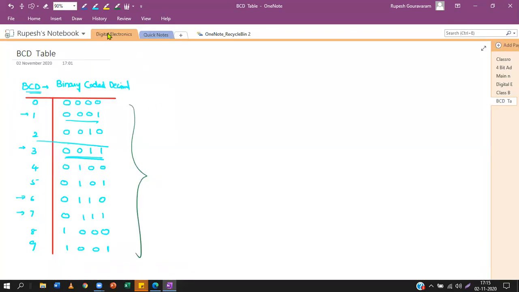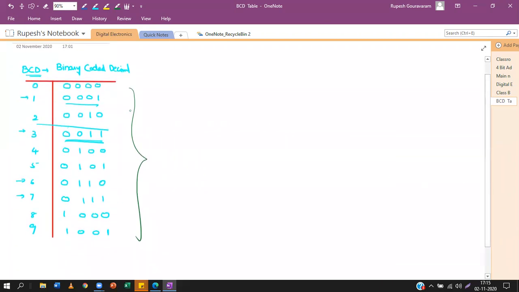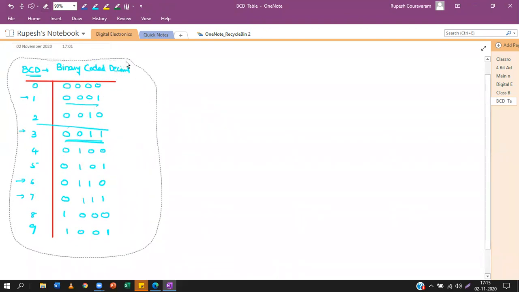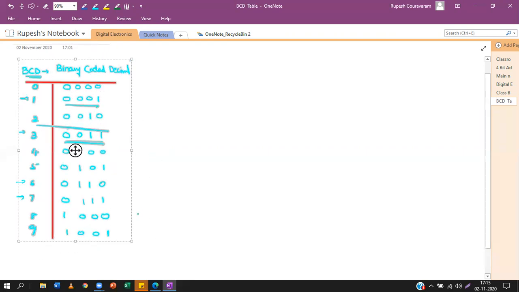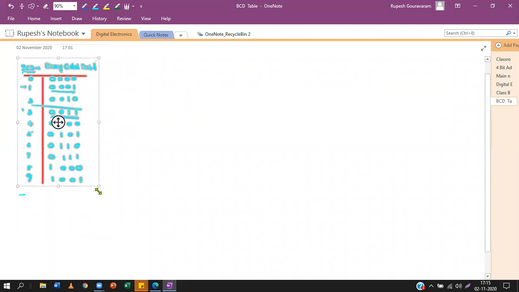See here, from 0 till 9 we have valid BCD values.